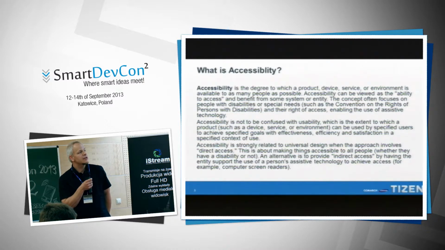It's not the same as usability, which is the extent to which a product can be used by specific people. So accessibility is something that provides direct access to a product and all its elements.